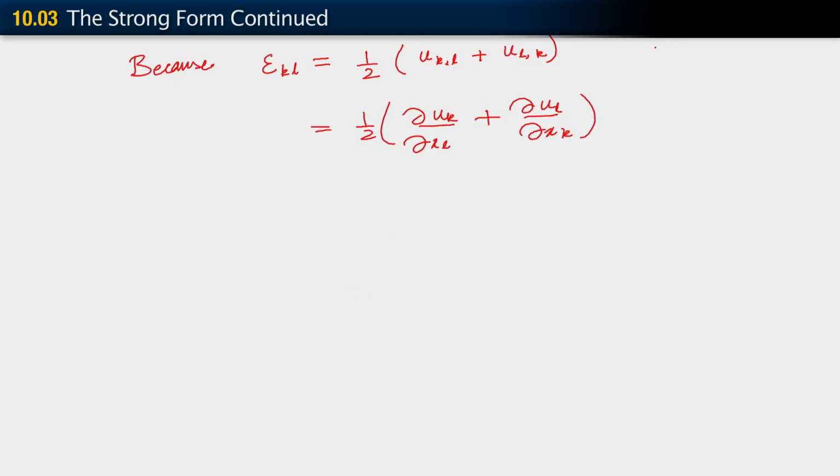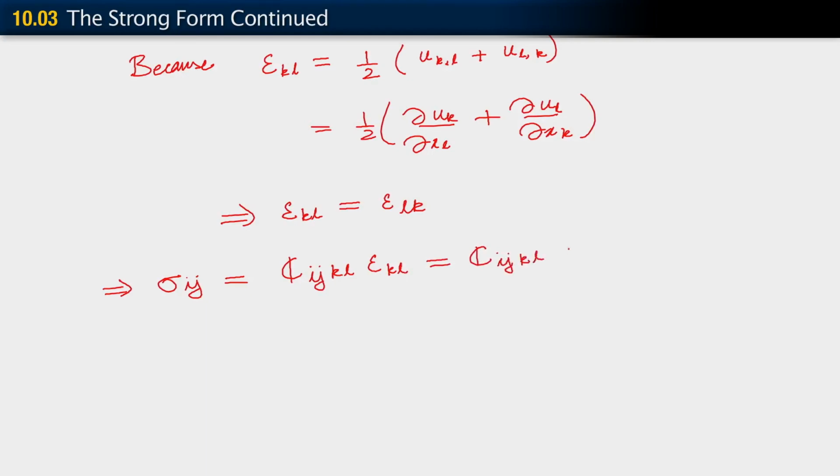Well, if this is the case, it follows that epsilon kl equals epsilon lk. But then what that says is that sigma ij, which is C ijkl epsilon kl, is also C ijkl epsilon lk.